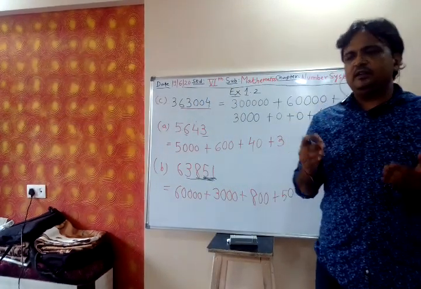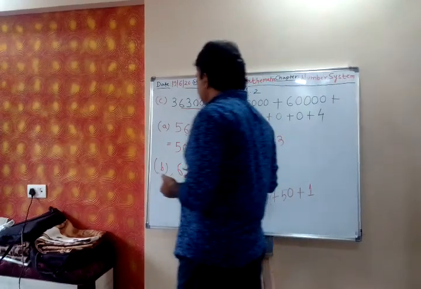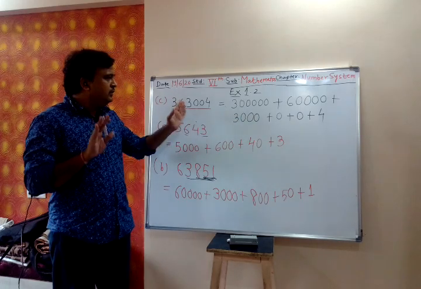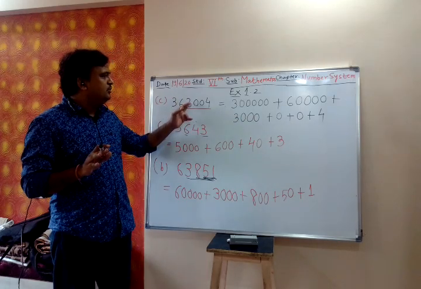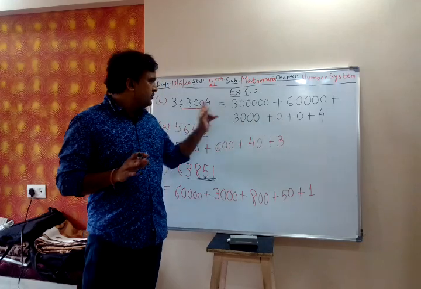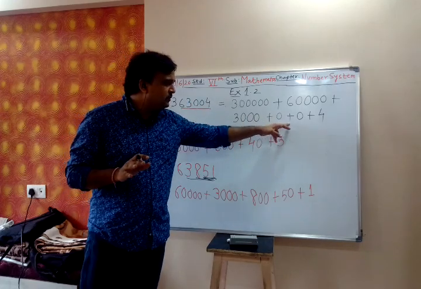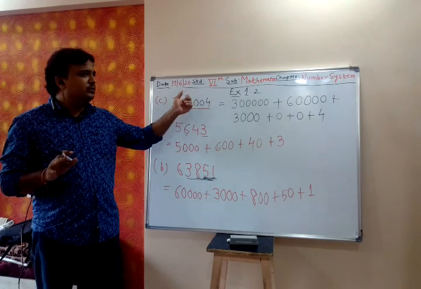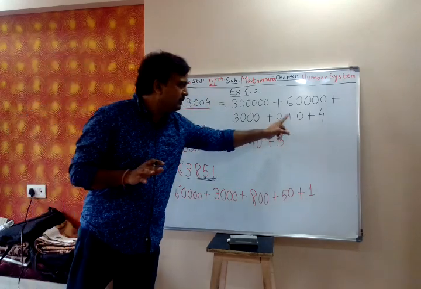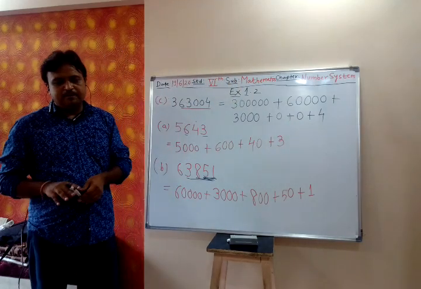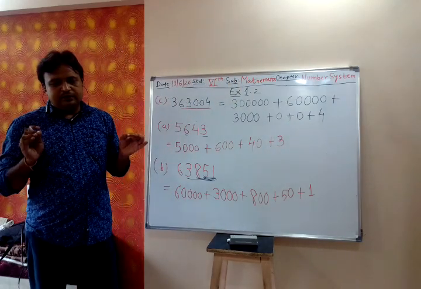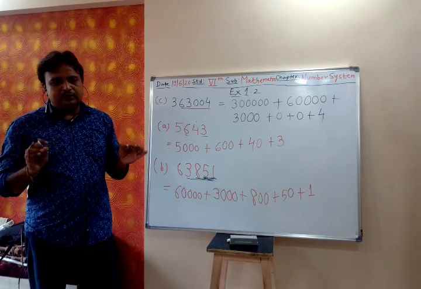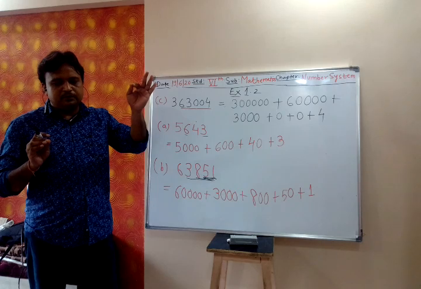Listen to what I am telling. 0 does not have value, but in expanded form you show that part at least, even if it has no value. But I will advise you, instead of writing 3 0, 4 0, 5 0, you write simply 1 0 wherever 0 is there, plus 0.